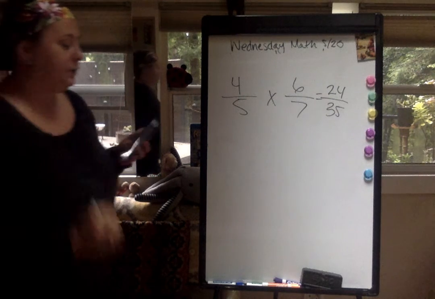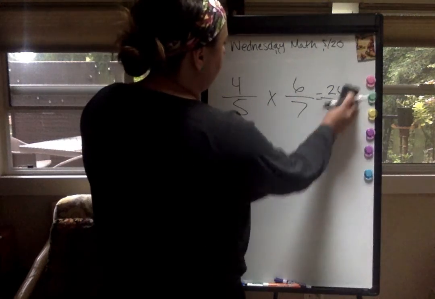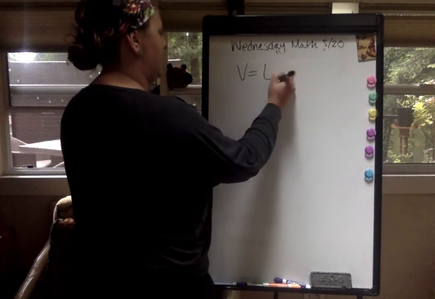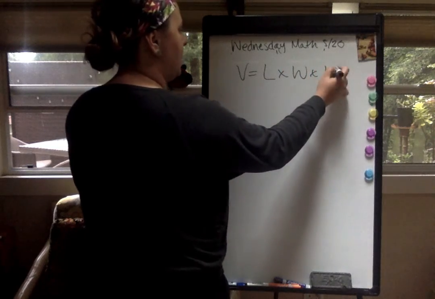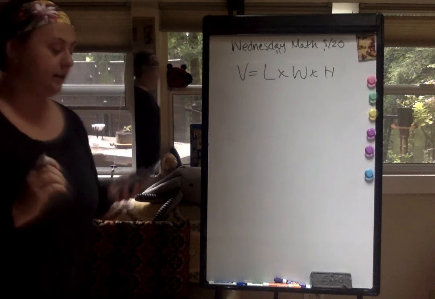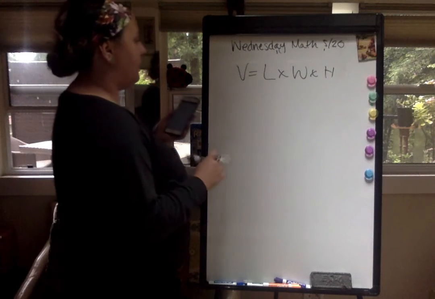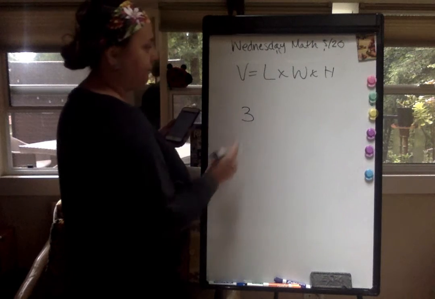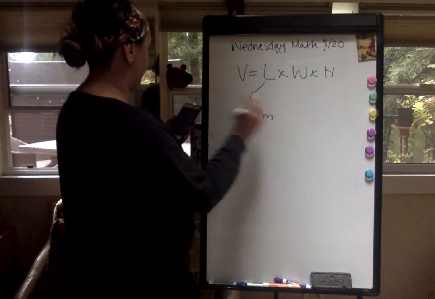Now we're going to go ahead and use that volume formula again. So volume is length times width times height. And that's the amount of space inside. That's what we're looking for. So the length is 3 centimeters.